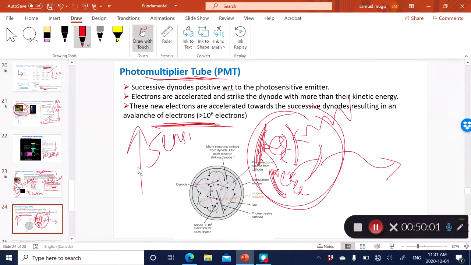Meaning from just a very small amount of light, I can amplify the current that is generated, because of these multiple secondary emissions that are happening in the secondary diodes. So take note of how the photomultiplier tube works, which is simply a phototube, and I've got multiple phototubes.